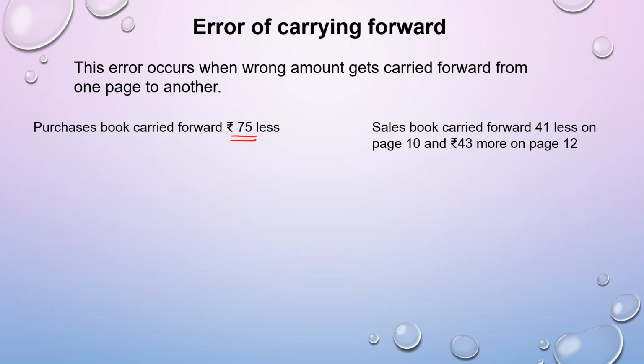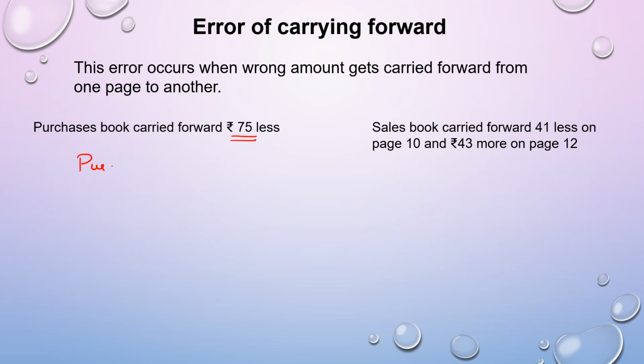The total, while totaling, would have been less by 75 because it was carried forward less by 75. So while totaling it has gone down by 75 rupees. So now it is less, which means 75 rupees less has gone into the purchase account of the ledger. So to rectify it, what should we do?